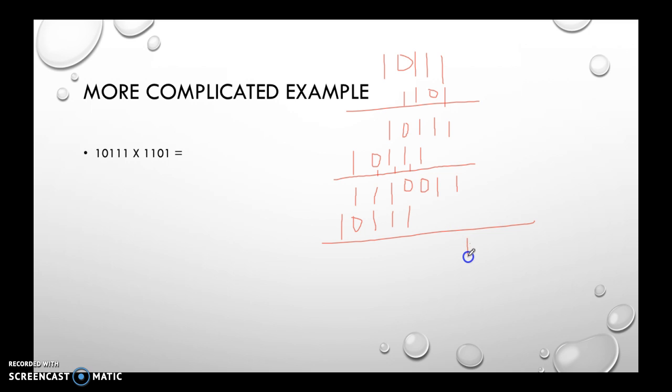So we drop the 1s down. 1, 1, 0, 1. 1 plus 1 is a 0 in binary, so we carry the 1 here. 1 plus 1 plus 1 is a 1, and we carry the 1 here. 1 plus 1 is a 0, but we carry the 1 here, and 1 plus 1 is a 0, and it carries a 1 here, and that's a 1 here. Let's check our answer.